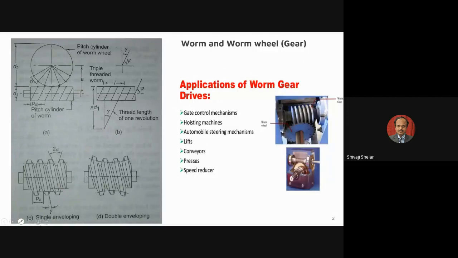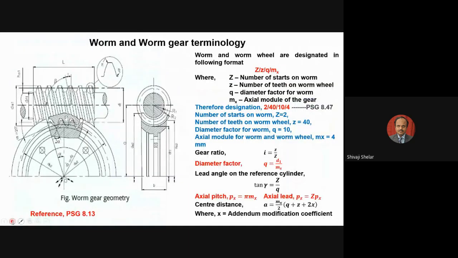So let's go to the detailed terminology of the worm and worm wheel. For that, I have taken a reference diagram from PSG 8.13. This is the diagram on PSG 8.13. This is your screw having reference diameter D1.